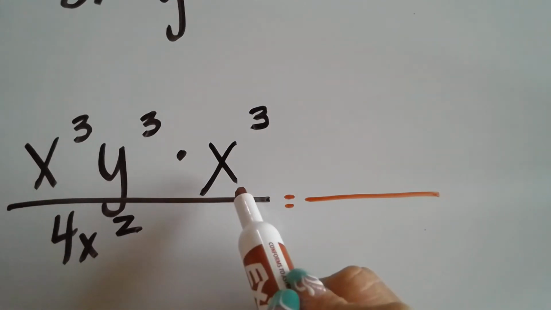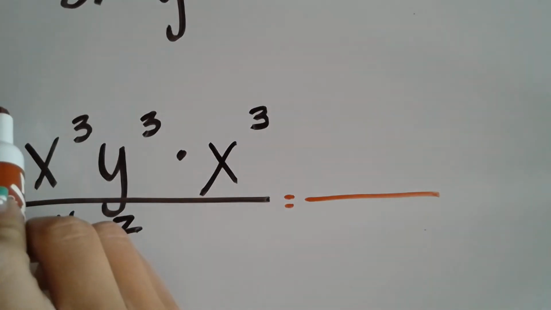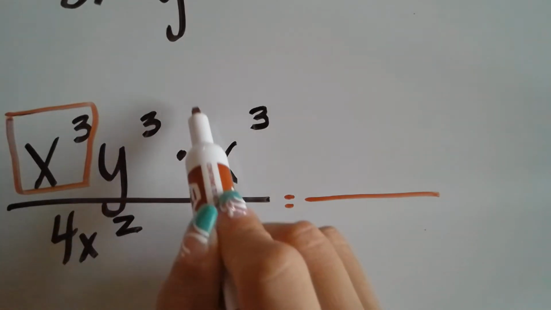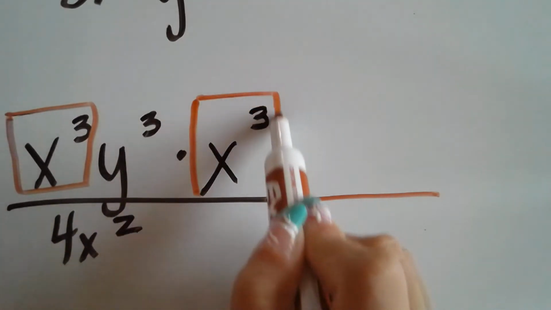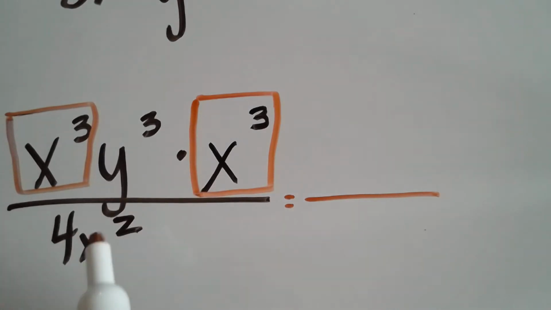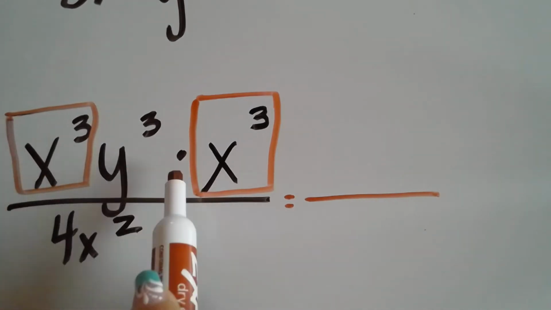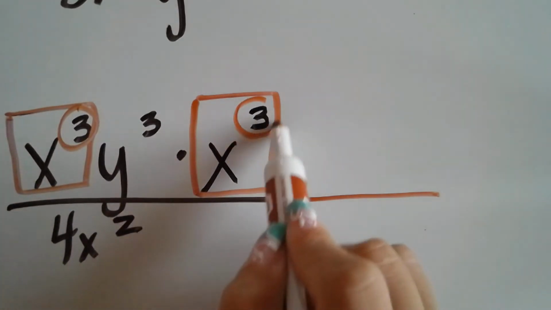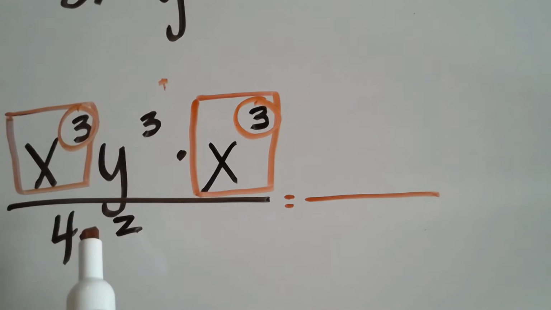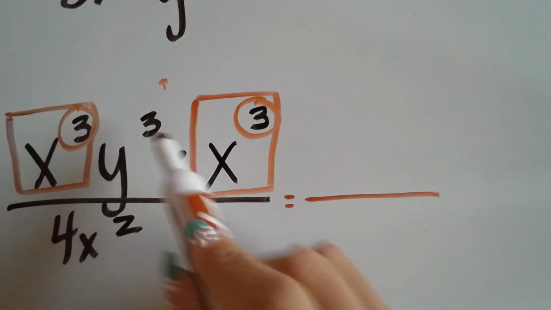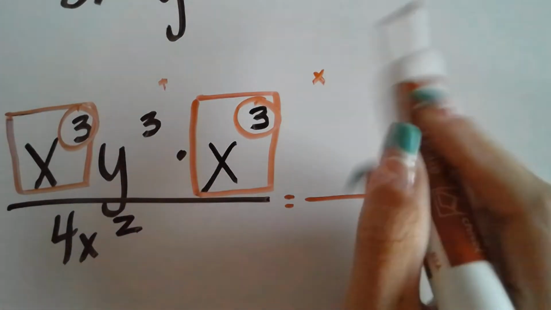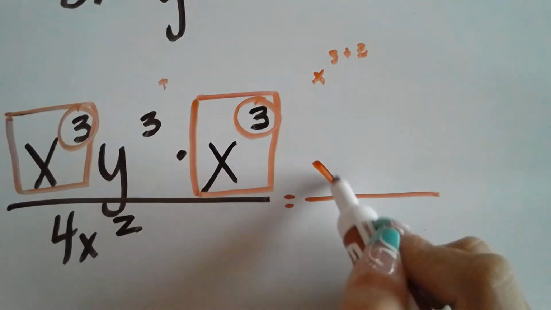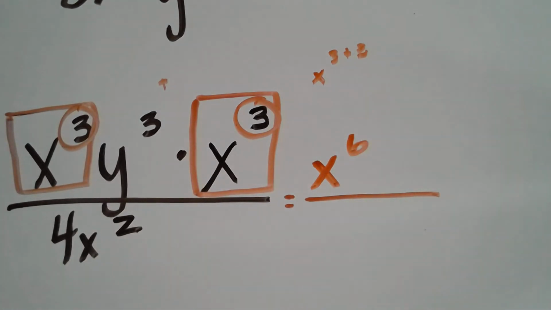Okay. So what we are going to do is combine. We see our x to the third here, and we have an x to the third here. And we see that we're multiplying, and when we're multiplying, we are really just adding our exponents. So that's really x to the third plus 3, which is x to the 6th here.